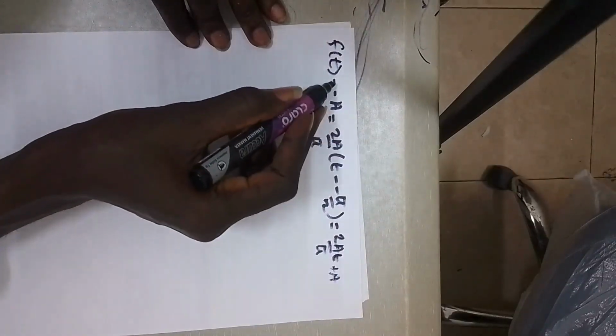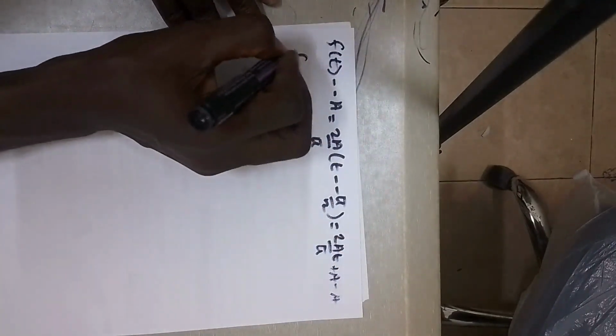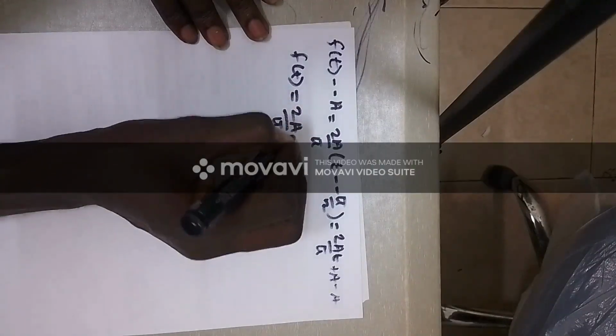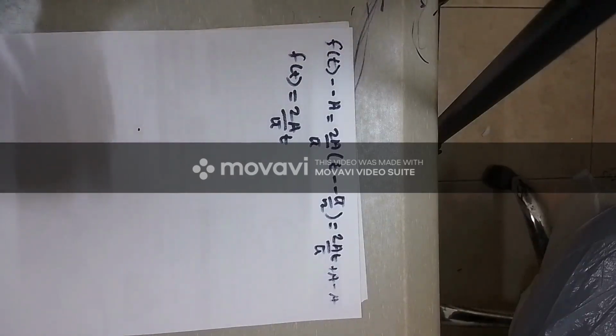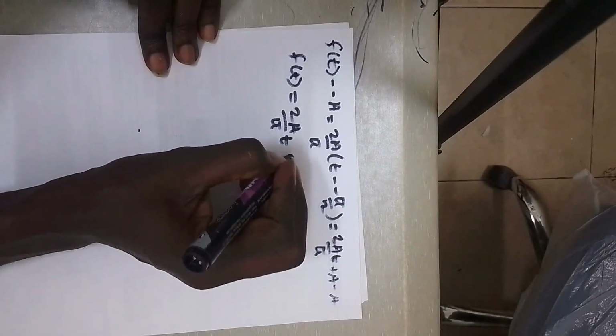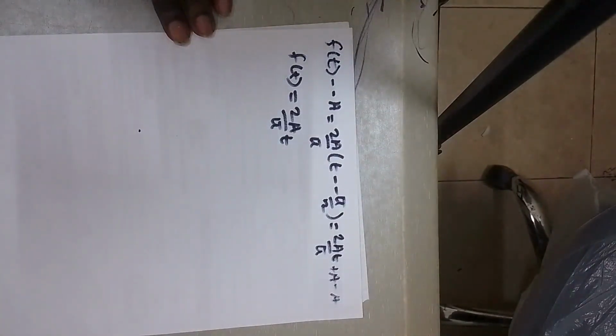This a is positive here, to come here and then subtract, so minus a. So here my f of t is equal to 2a on pi t. Okay, so that is my f of t. So now let's say this is the first equation. So now let's go to the second equation.